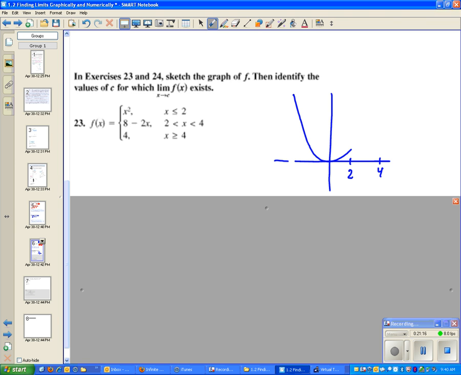And if I graphed that, we'll pretend that's a slope of negative 2, it'll look like that.